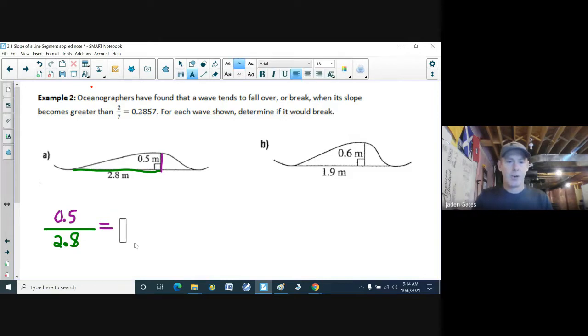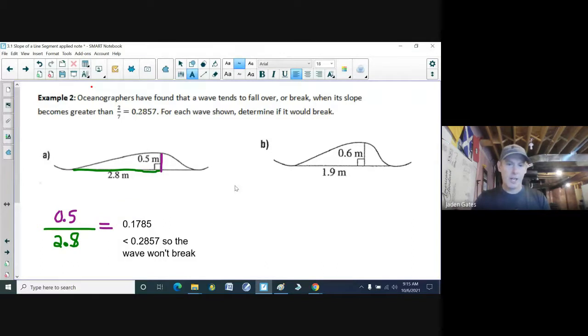I can take my 0.5 and divide it by 2.8. And I get 0.1785. That's a lot of numbers. And that is less than our 0.2857. And so the wave won't break, won't fall over.